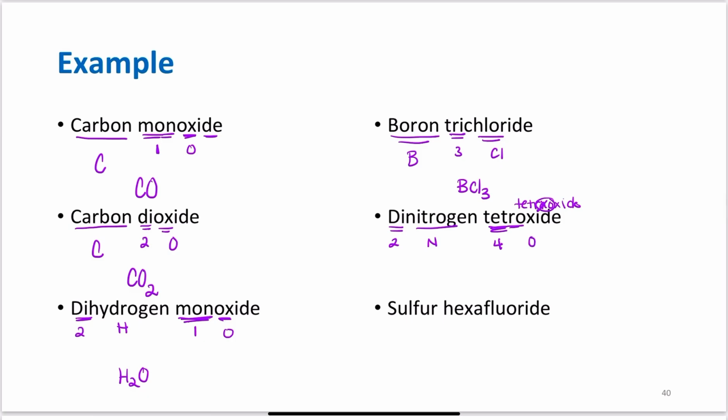Oxide stands for oxygen. N2O4. And sulfur hexafluoride, we did see on the previous slide along with the 2 examples I've used already for carbon, but sulfur, just an S, hexa, 6, and fluor here means fluorine, SF6.